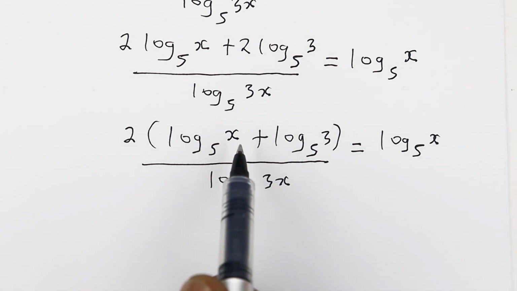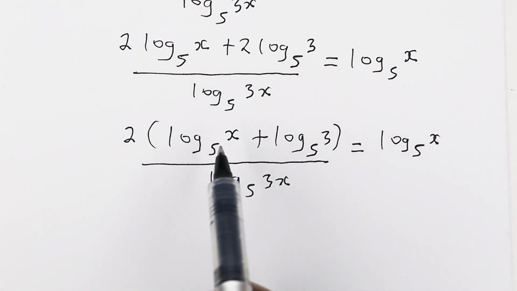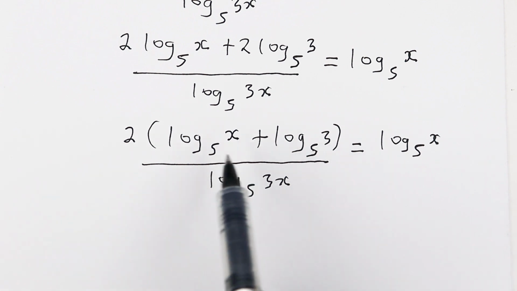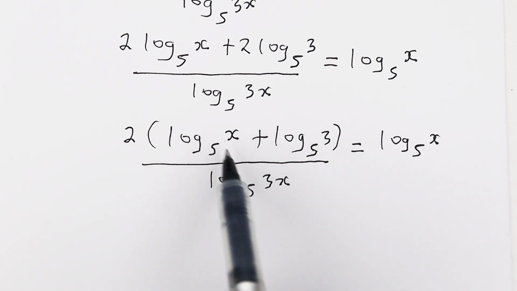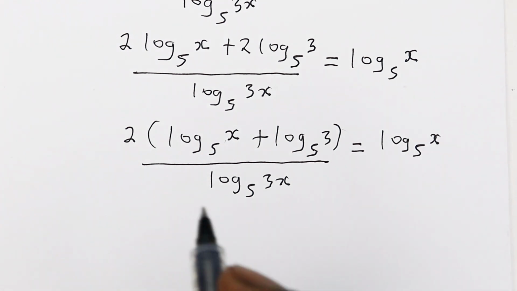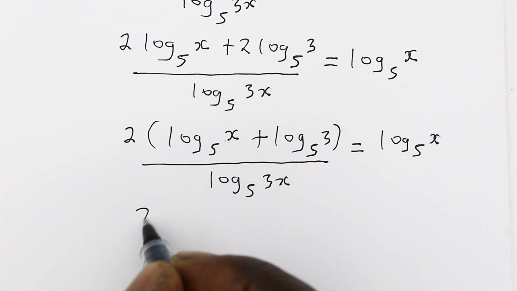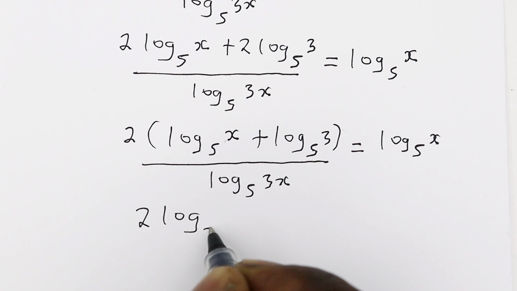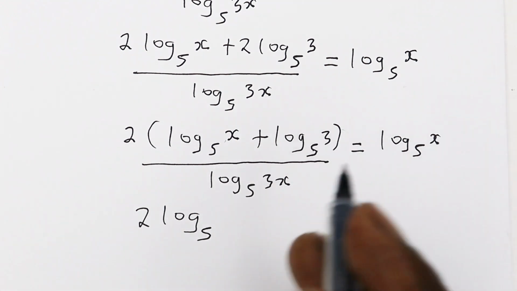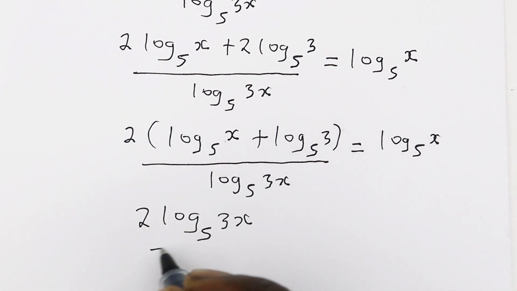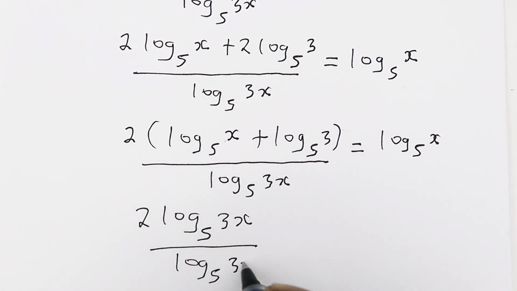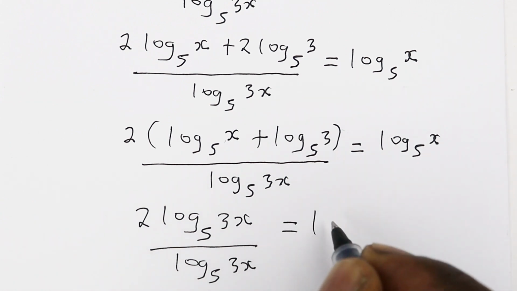Now, using the first law of logarithms, this is a sum of logs with common bases. So you can write this as a log to base 5 of the product of the numbers there. So it means you can have 2 log to base 5 of x times 3, that is just 3x, and that is over log to base 5 of 3x, and that's equal to log to base 5 of x.